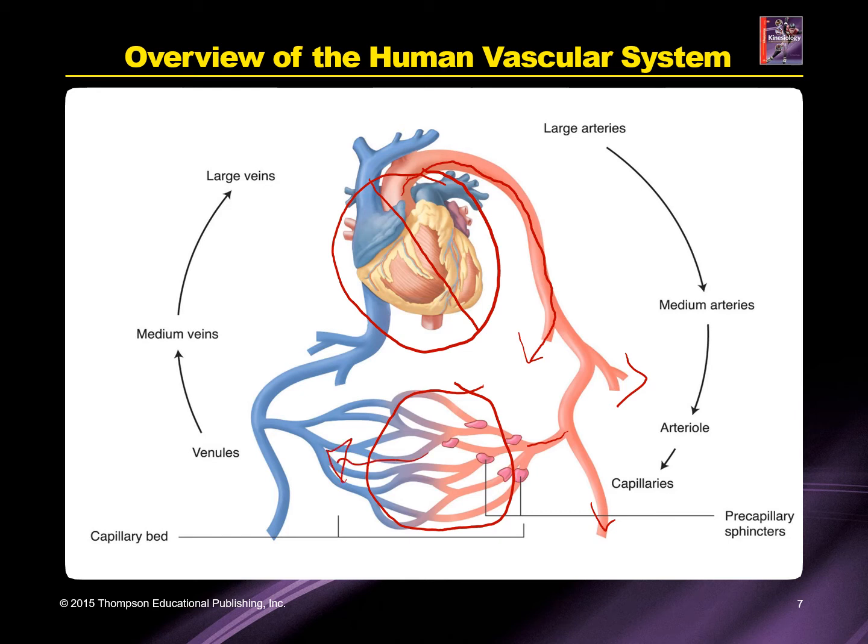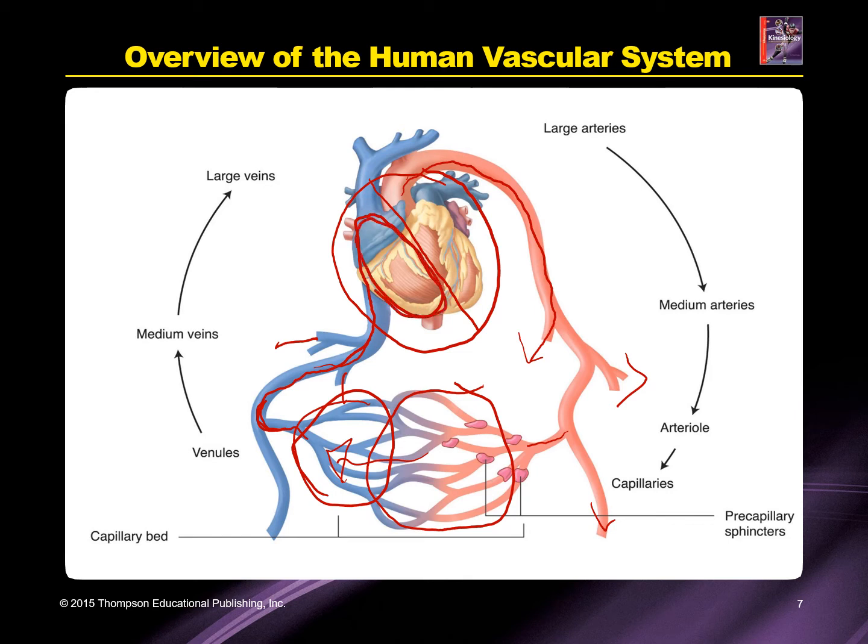Now these right here are called venules. They're still a part of the capillary bed, and the capillaries end up branching together into venules, which then join together into the veins. So all of these venules go into these veins, and then they return to the right side of the heart.